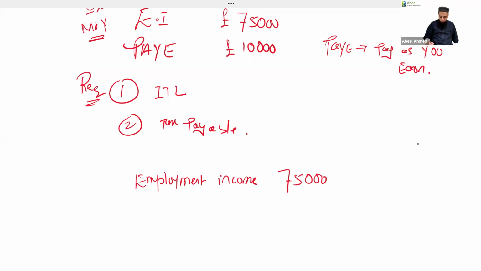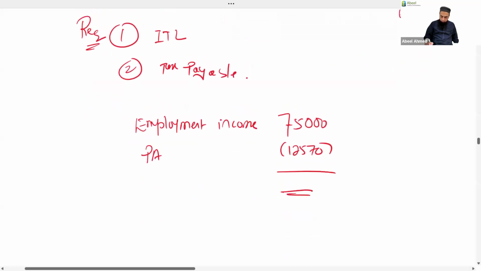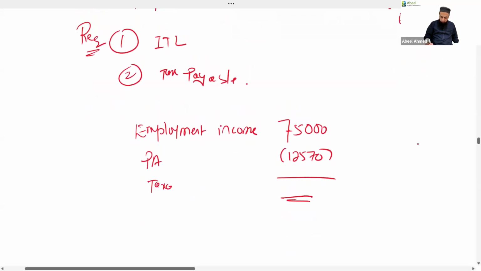First we will deduct personal allowance 12,570. 75,000 minus 12,570. I'm getting taxable income 62,430.